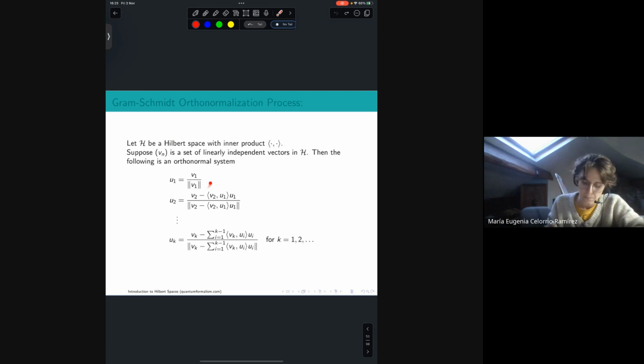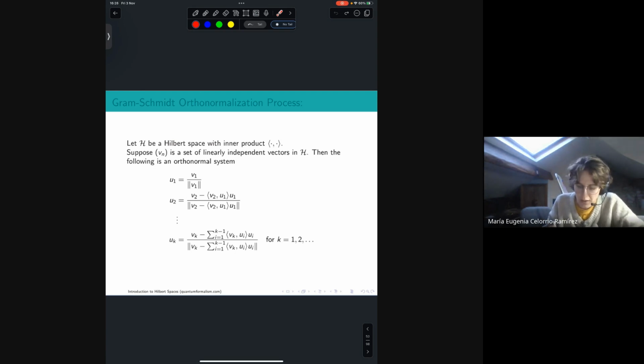So we start by taking the first vector, and because it's the first one, we just divide it by its norm. So this is an orthonormal vector. To define the following ones, we need to find the orthogonal complement of b2 to b1.